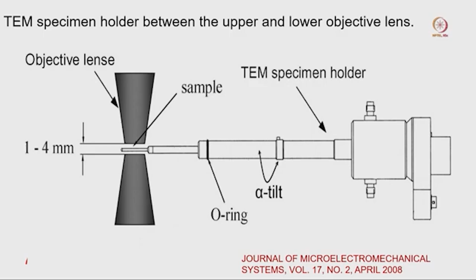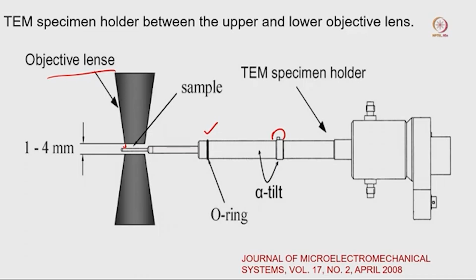That pin is going to go inside and attach to the microscope, and there is an O-ring which controls any leakage. This O-ring helps to fix it, and here is the objective lens, and this is the holder tip.